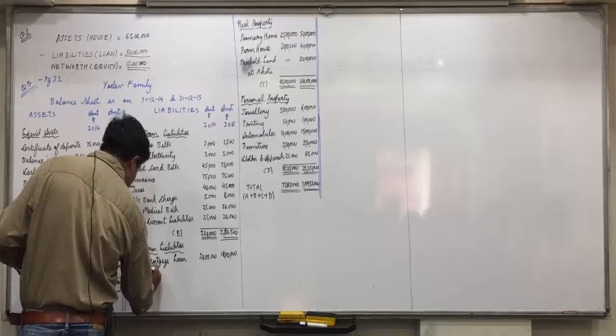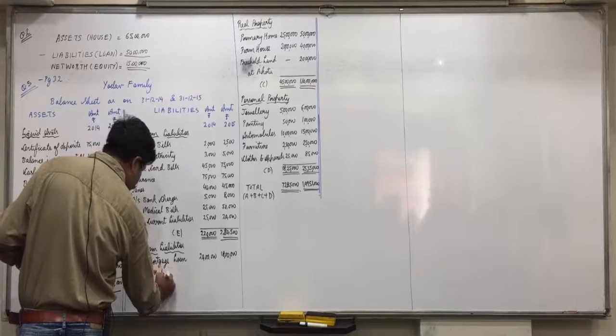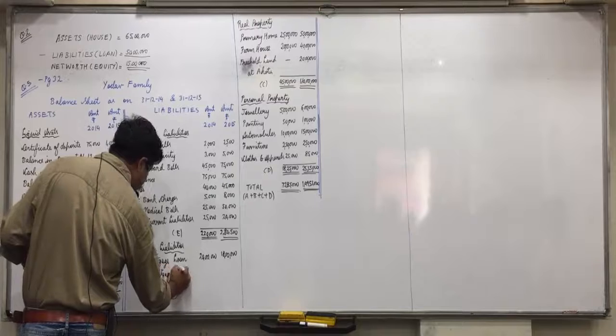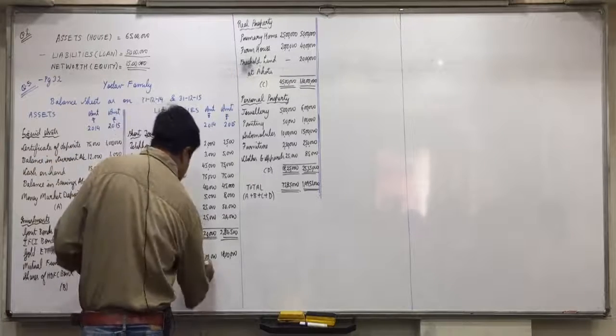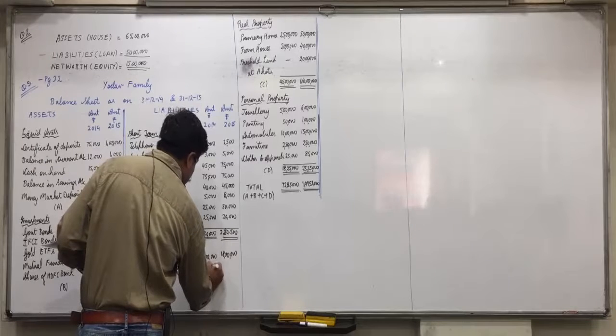Second mortgage loan, 17,50,000 and 16,50,000.